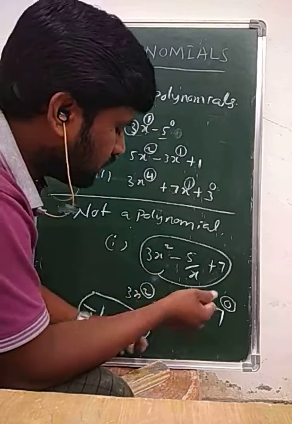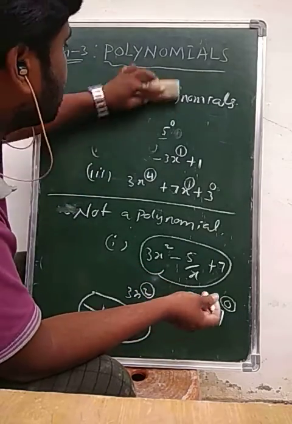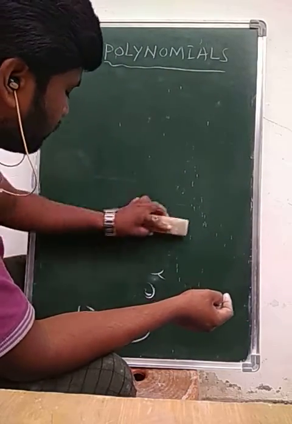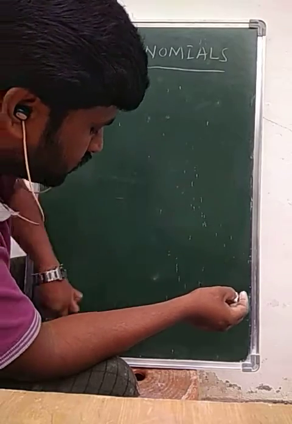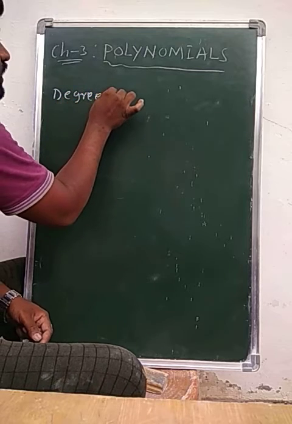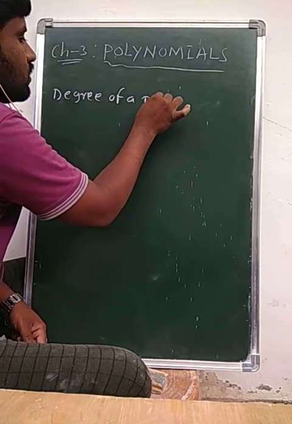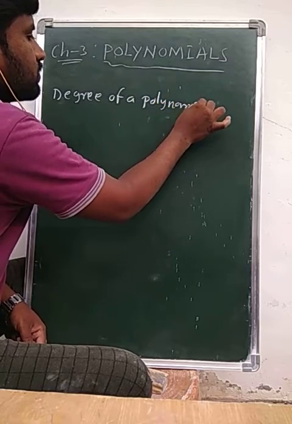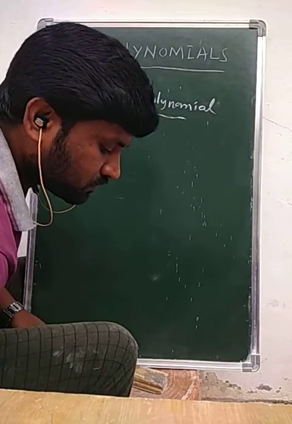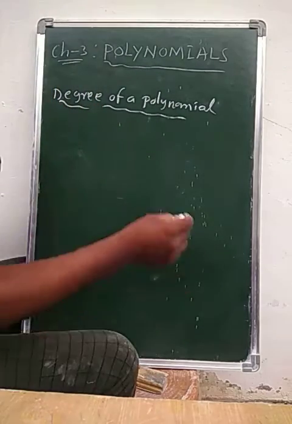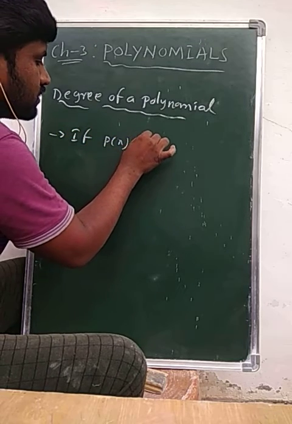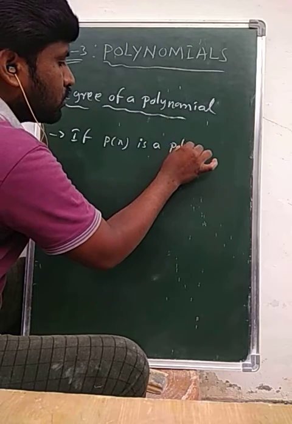Now, degree of a polynomial. How to find the degree of a polynomial?